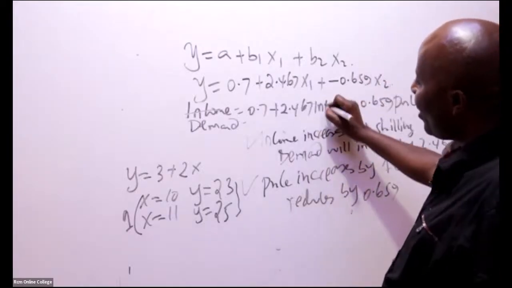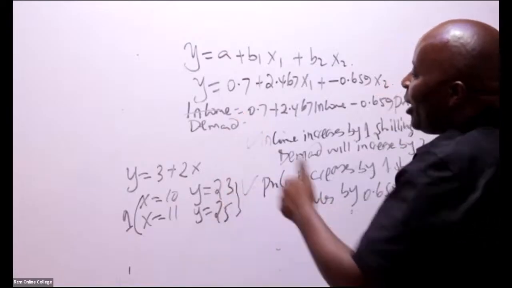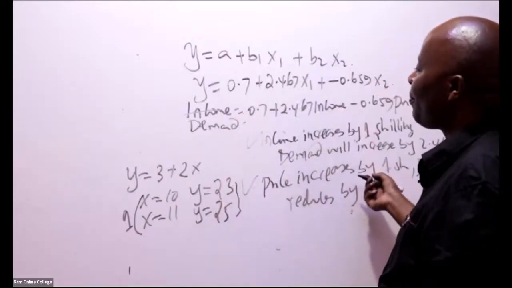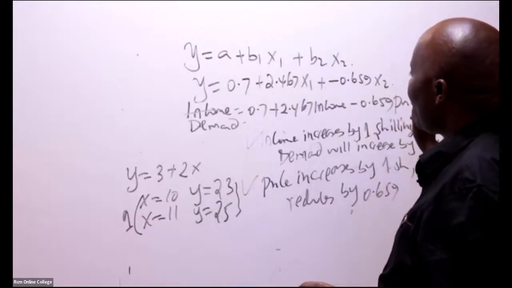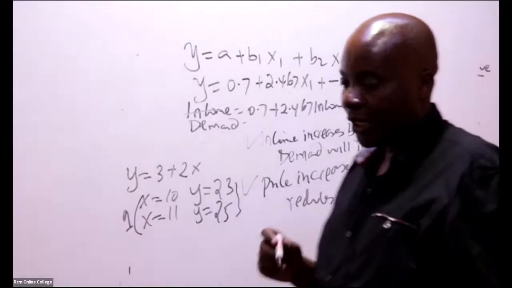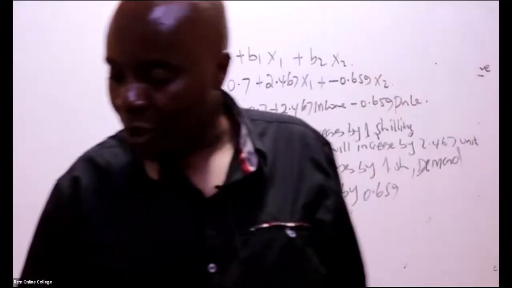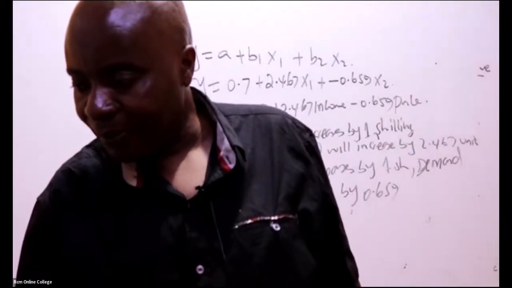When the income increases by just 1 shilling, the demand, or the y there, will increase by 2.467. If the price was to go up by just 1 shilling, then the demand will reduce by that. And now I've given also the answer. Remember, it's all about knowing how to interpret this generally.